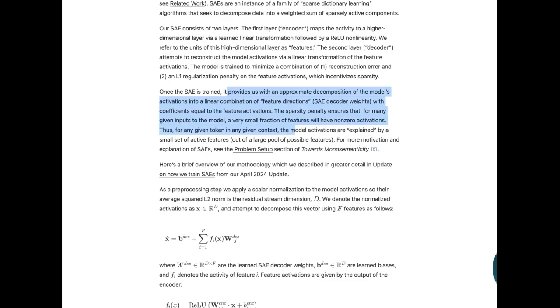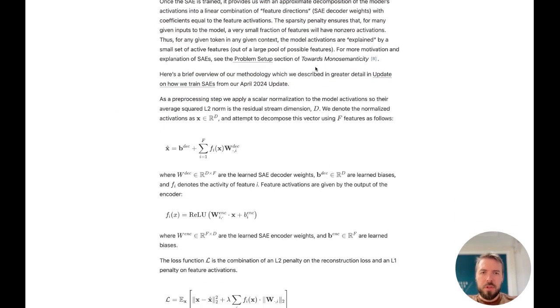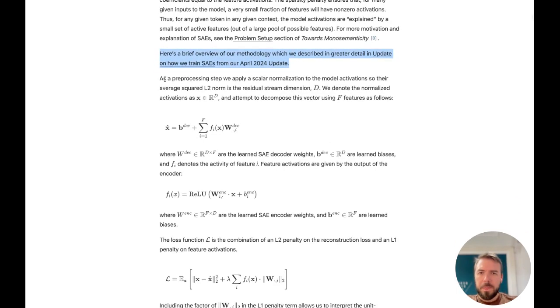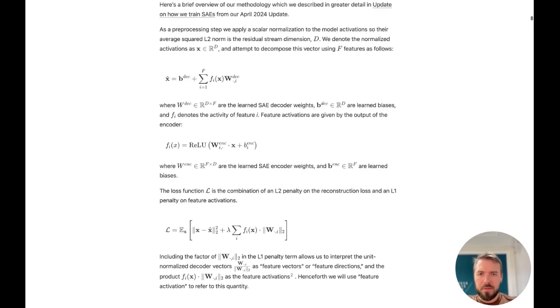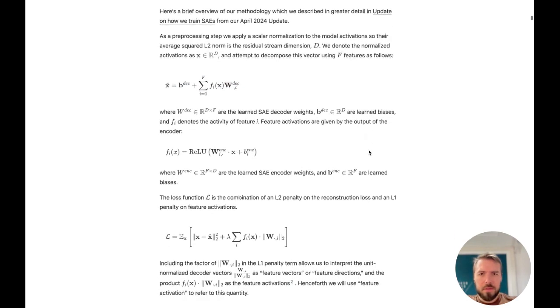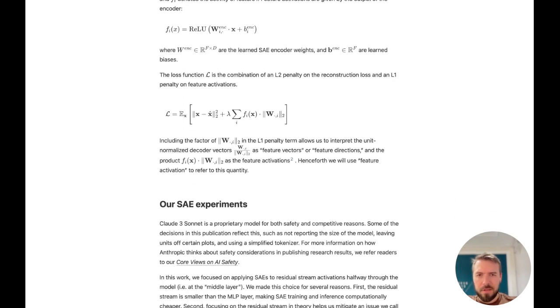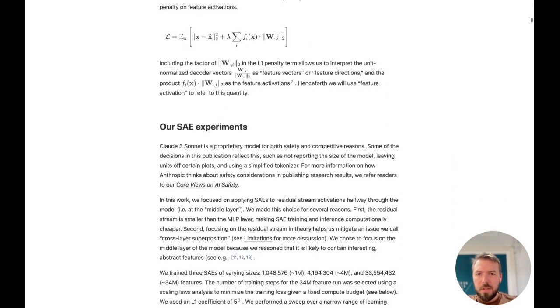Okay, let's go back to this. Here's a brief overview of our methodology, which we described in greater detail in the update on training SAEs. We are probably going to skip that because we care about a high-level overview at this point. But this looks like standard deep learning stuff, weights and biases and ReLUs and all that good stuff.